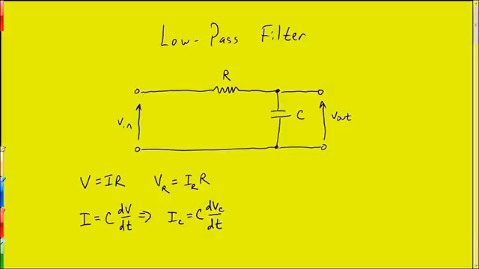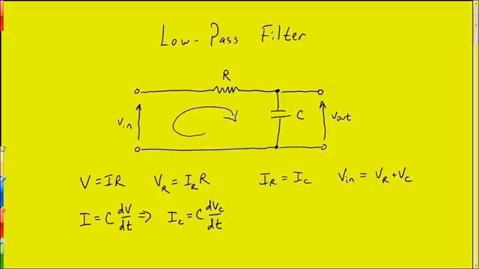dt. Now in our circuit, if we assume that there's no current flowing out through the leg that leads to V out, then the current flowing through the resistor is the same as the current flowing through the capacitor. And if we go around the loop and apply our voltage laws, then the voltage in has to be equal to the voltage drop across the resistor plus the voltage drop across the capacitor.